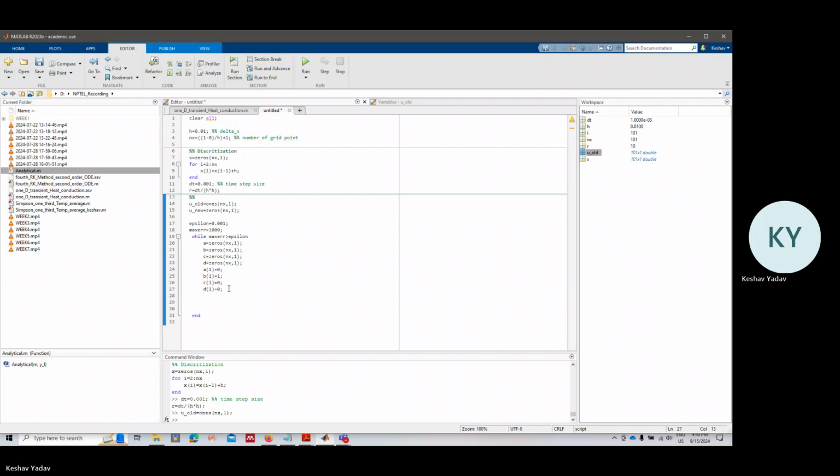Now similarly, at the last grid point we need to define nx.